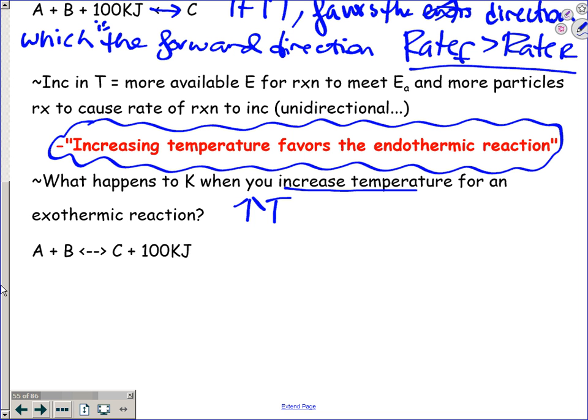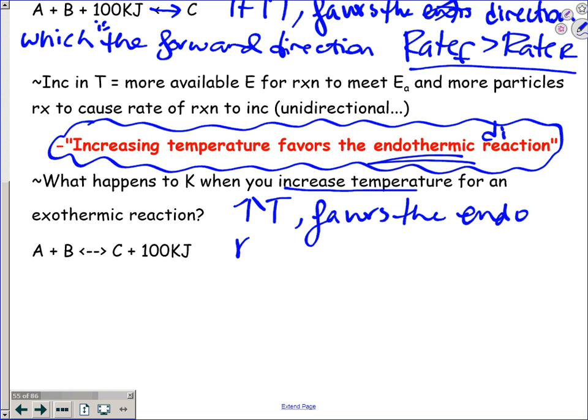Okay, so increasing temperature favors the, no, you still will say this. The endo, I'm going to say direction, but in this case, reaction and direction mean the same thing, because the endothermic reaction in this case is this reaction.